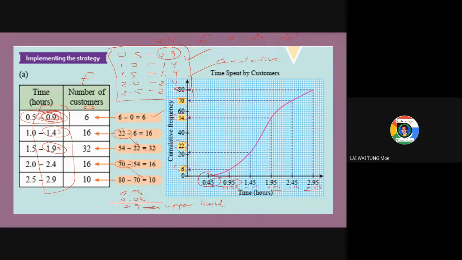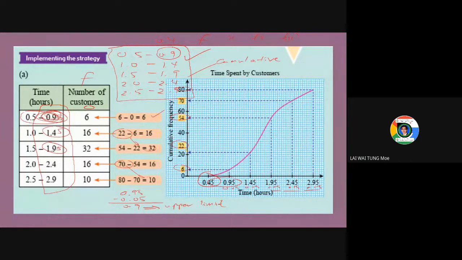So the ogive is a little bit tricky, because you need to identify the class interval if it is not given. The second thing is you need to find out the frequency, because in an ogive, the frequency shown is the cumulative frequency.